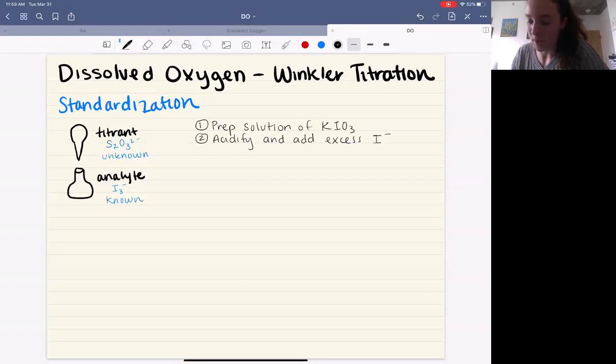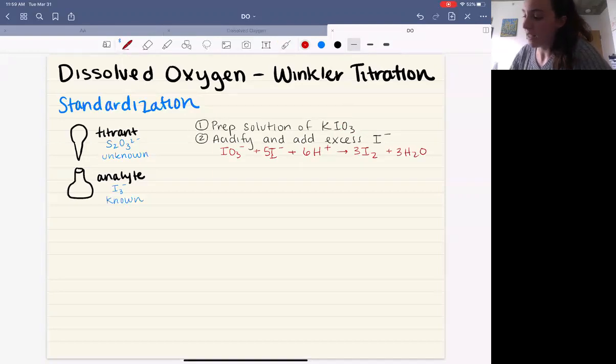So you're going to acidify and add excess iodide, I-. Okay, so those reactions, we're taking this iodate here, and IO3- will react with some iodide and some acid to generate iodine and water.